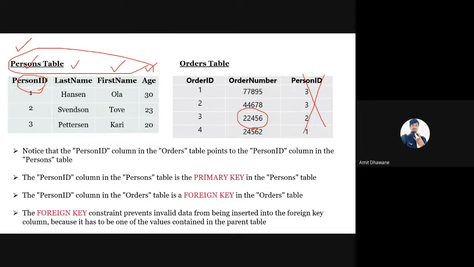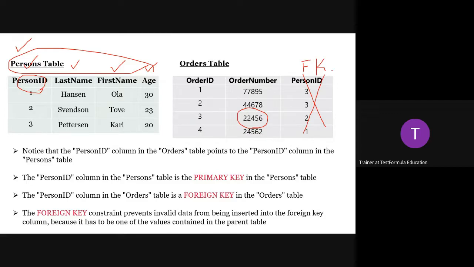So we will always bring the primary key of the parent table into the child table to connect the tables. This is the reason we have taken person ID there, correct? So the primary key of this table, when going to the child table to connect the tables, is called a foreign key in that table.